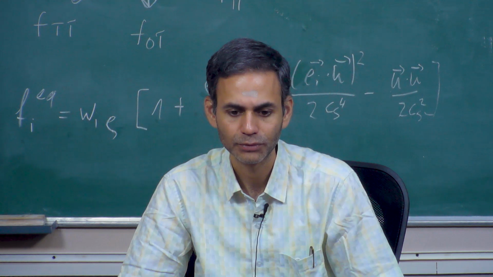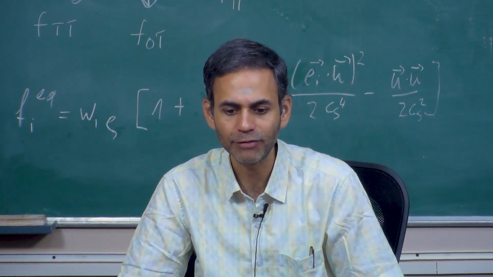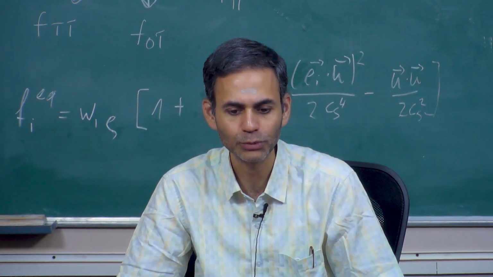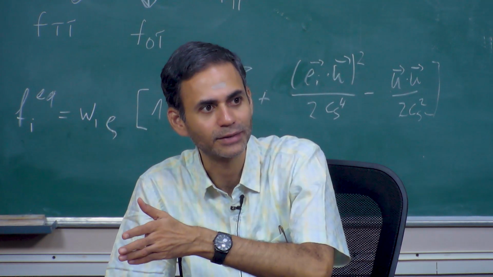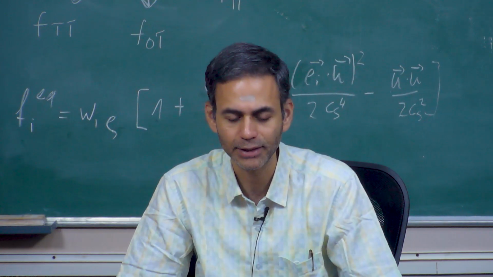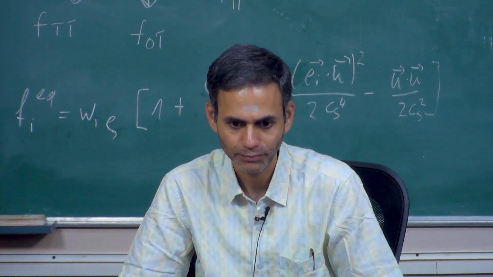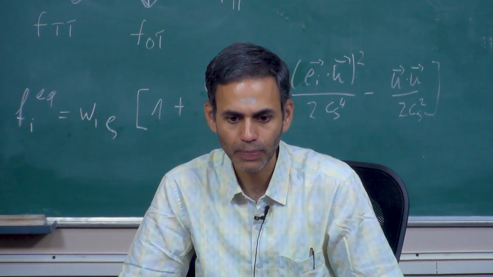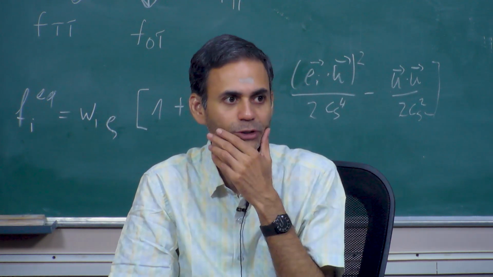Again, F minus 1 plus 1 will basically become F plus 1 minus 1 at x plus 1, at the next grid location. Okay, questions on this part?